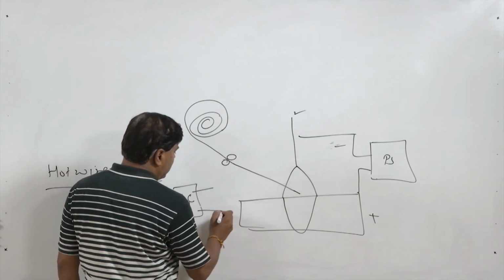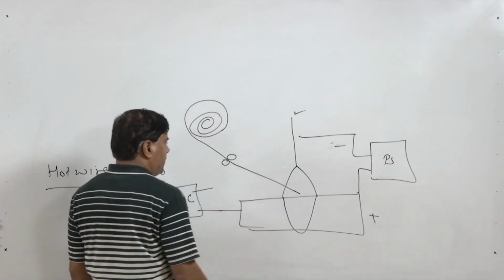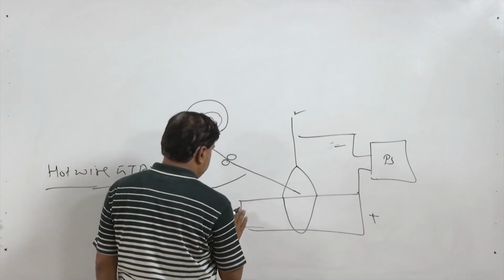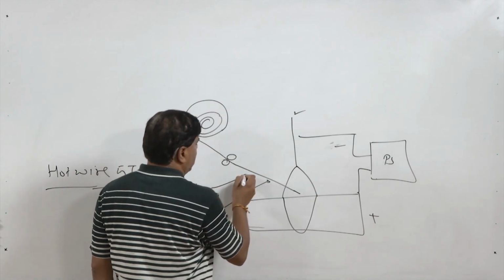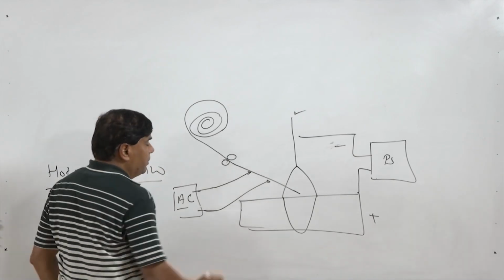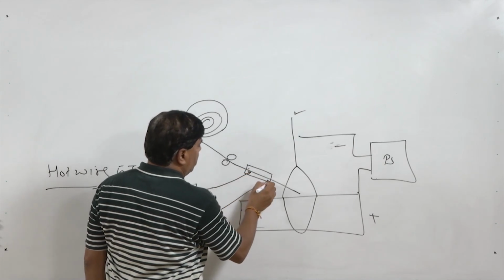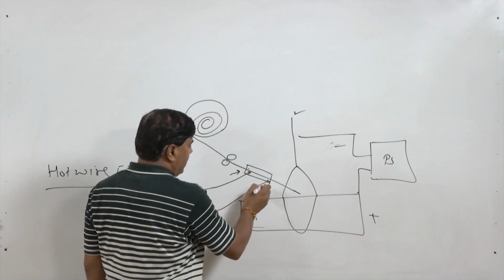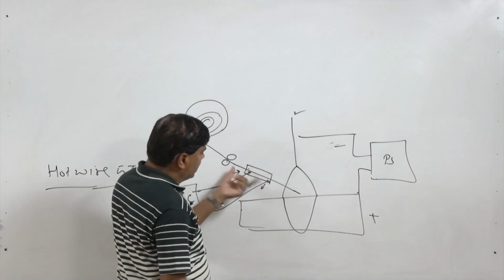One terminal of the AC is connected to the workpiece, and another terminal is connected not to the workpiece but to this end, and here there is another end which is connected to the wire which is being fed. So, it is like this. This is the kind of chamber where from one side the current is fed and on the other side it is taken out. So, this is how the circuit is completed.